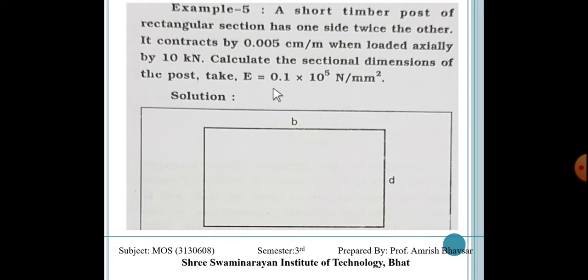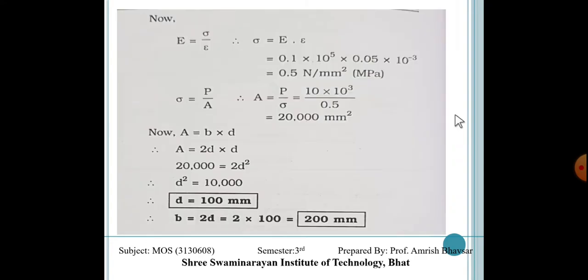We have to find out this dimension. E is equal to 0.1 into 10 raised to 5 Newton per mm square. The most important thing is that they have given one side twice the other, meaning B is equal to twice D, which we can consider.